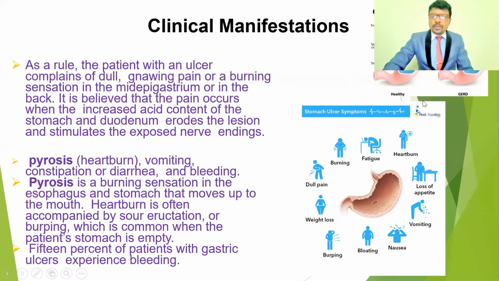Because of the excessive accumulation of hydrochloric acid and pepsin, it may regurgitate into the esophagus. The sphincters are open, allowing the reflux, so these acids are regurgitated into the esophagus. That is called gastroesophageal reflux disease.